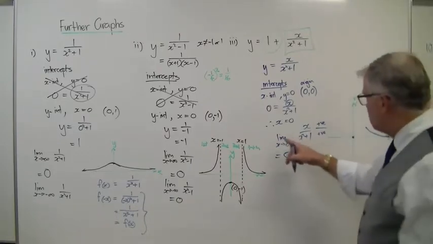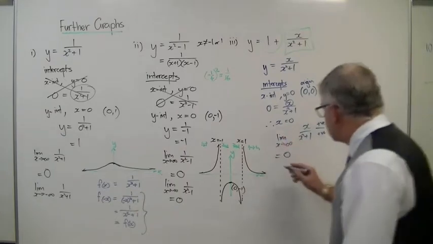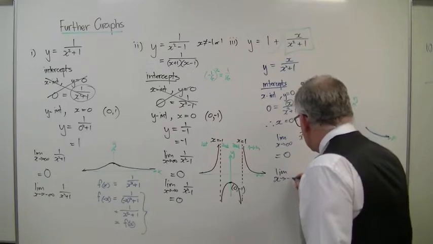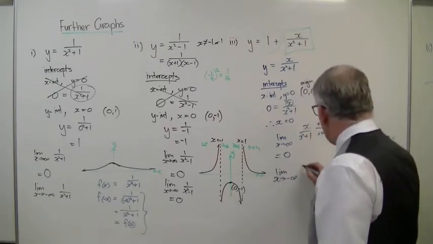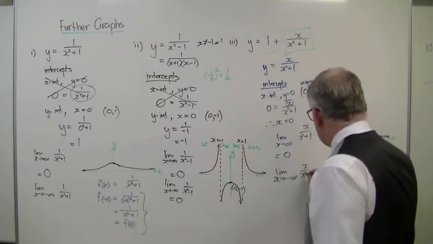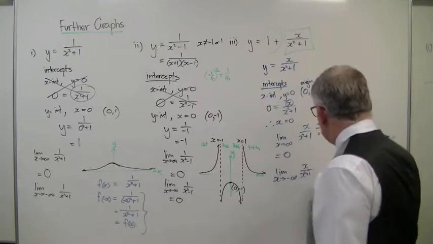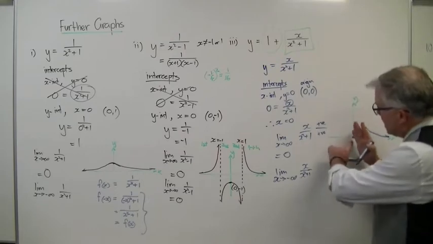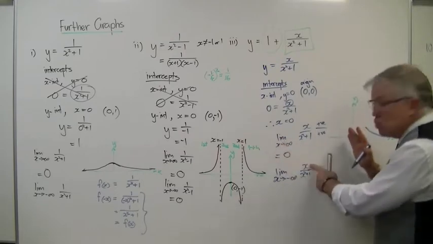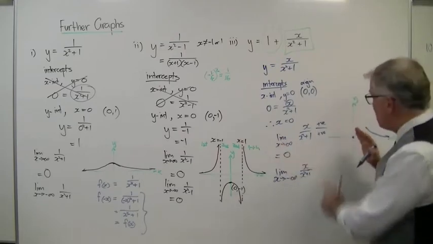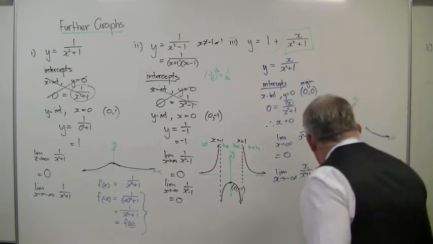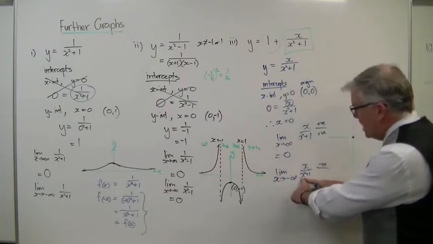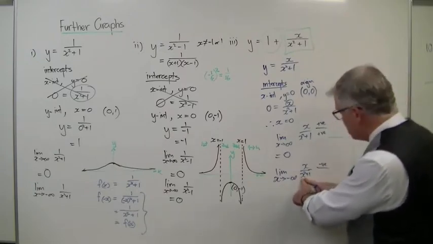Right, what happens though when we look at the limit as x approaches negative infinity of this expression? Well, if x is negative, so all these negative values of x, that means the numerator is going to be negative everywhere. But if x is negative and then you square x, it's got to be positive.